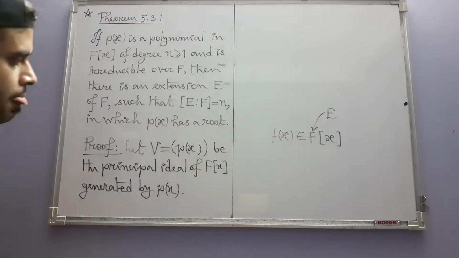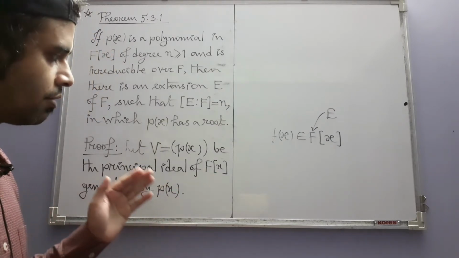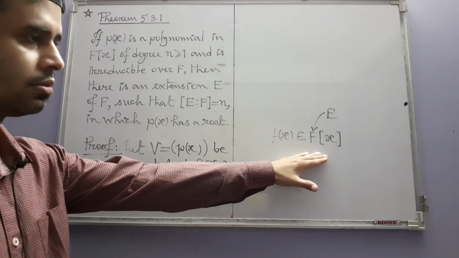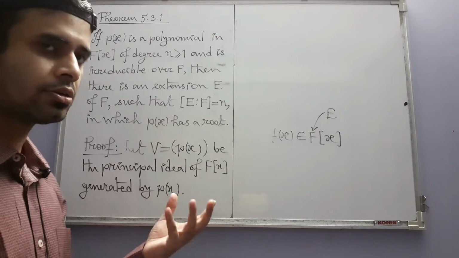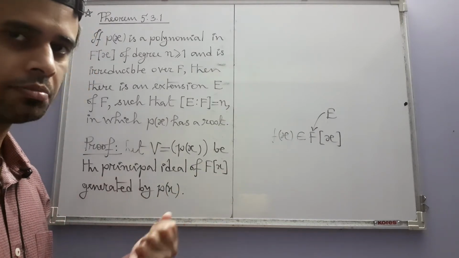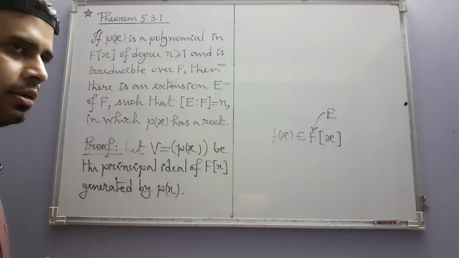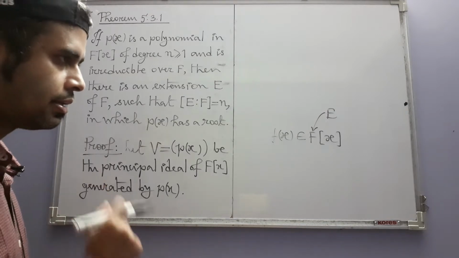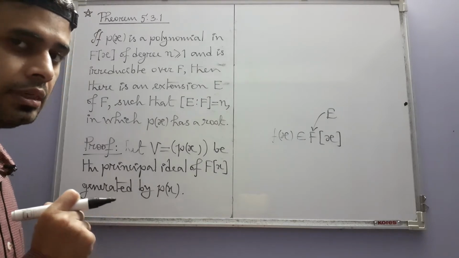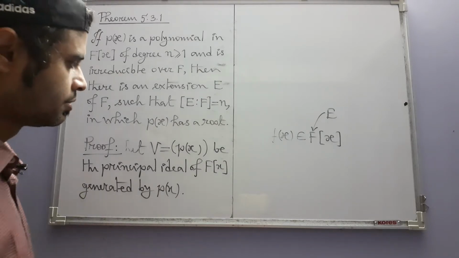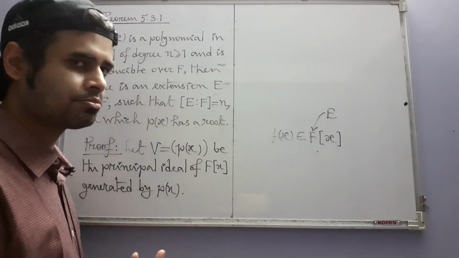So now, because F[x] is a Euclidean ring, this we have already seen in ring theory: over a field, if we consider all the polynomials with their addition and multiplication, we get the ring which is a Euclidean ring. And in a Euclidean ring, any principal ideal generated by a prime element is maximal. Now, in our Euclidean ring, the irreducible polynomials are prime elements.